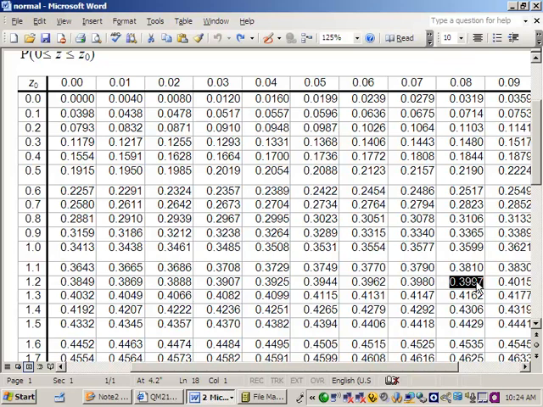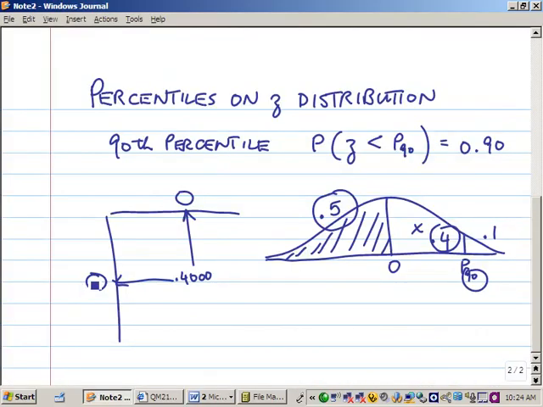The number closest to 0.4 is here, on the Z of 1.2 row, 0.08 column. So the 90th percentile on the Z is approximately 1.28.